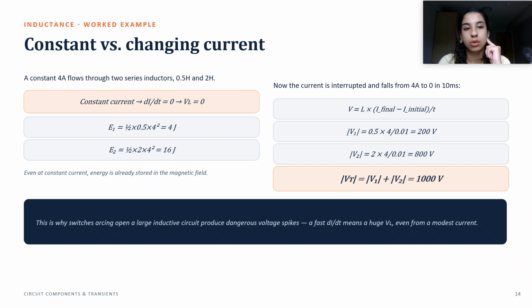If you want to find V, V equals the inductance times the rate of change of current. First for V1, the first inductor, 0.5 times 4 over 0.01, you get 200 volts. V2, you get 800 volts. Then the total voltage is 1000 volts.